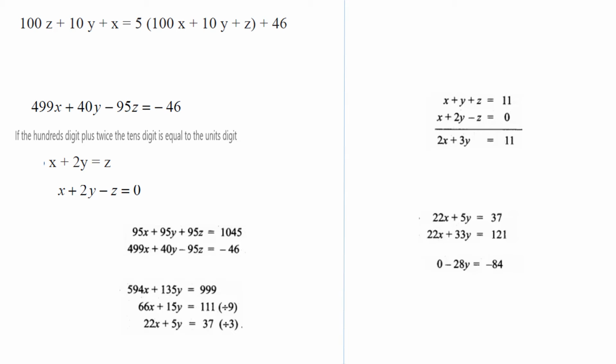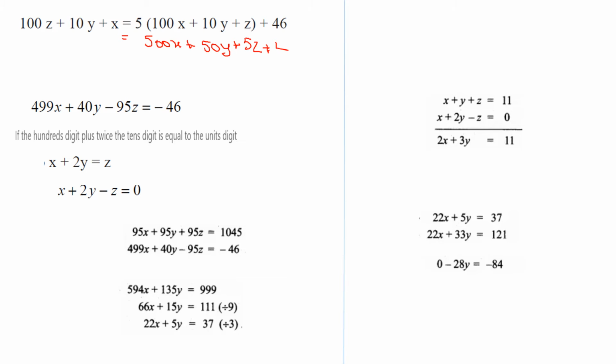Our equation is 100z plus 10y plus x equal to 5 into bracket 100x plus 10y plus z closing bracket plus 46. First we multiply: 5 into 100, 500x, 5 into 10y, 50y, plus 5 into z, 5z plus 46.